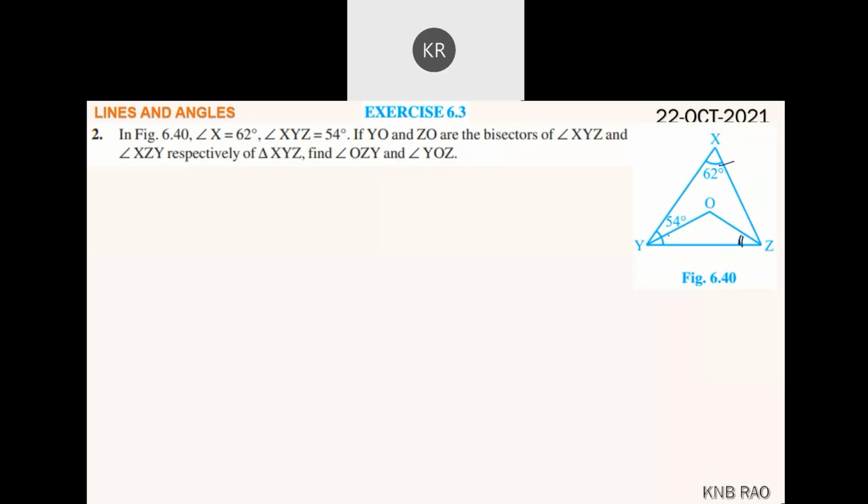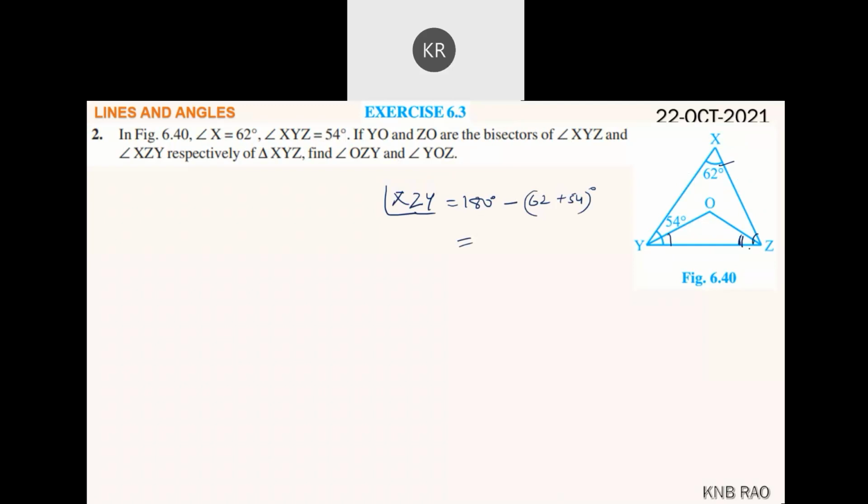First of all, you find how much is the angle XZY. So 180 minus the sum of 62 and 54, by the angle sum property. We will find angle XZY first.